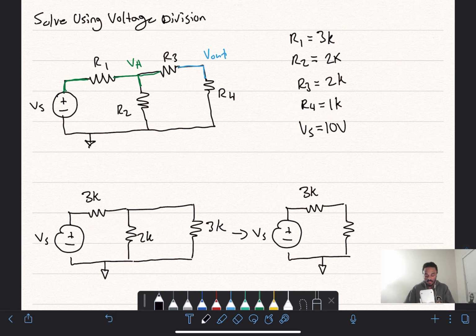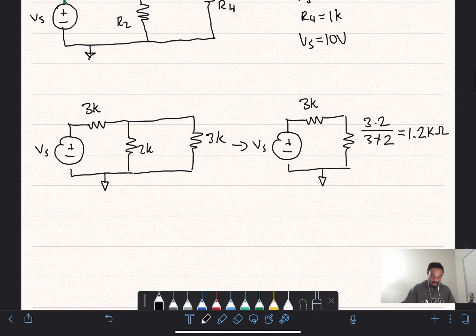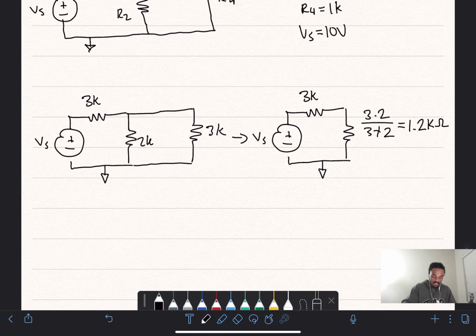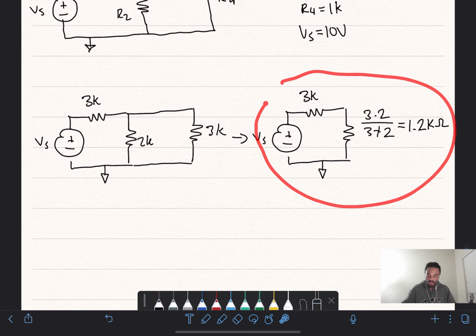Product over sum will be 3 times 2 over 3 plus 2, which is 1.2 kilo ohms.